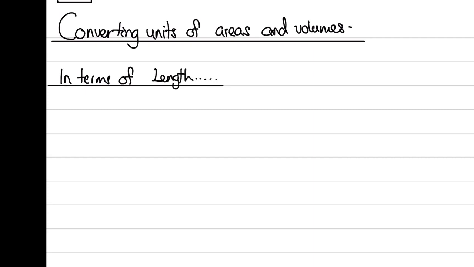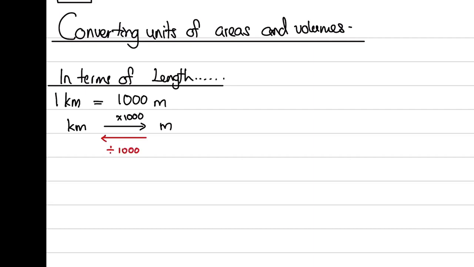If we're using kilometers, 1 kilometer, we're changing it to meters. It's actually 1,000. So you can say kilometers to meters, we just multiply by 1,000. And then meters going back to kilometers, we divide by 1,000. Quite easy. So the fundamentals are very important.